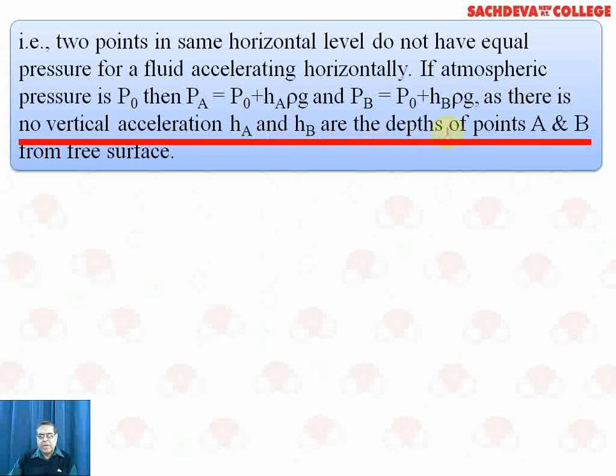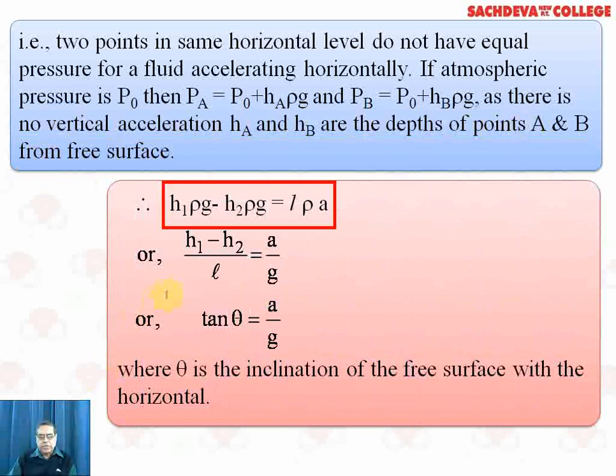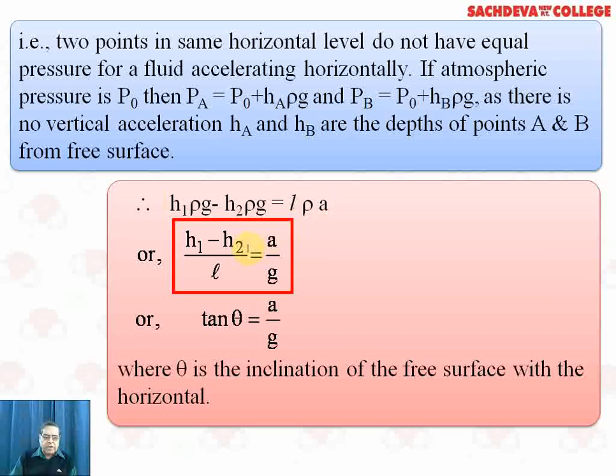HA and HB are the depths of the points A and B from the free surface. H1 rho G minus H2 rho G will be equal to L rho A. So from this equation, we get the value of A over G, and A over G will be equal to H1 minus H2 over L, because rho will cancel off from both sides.